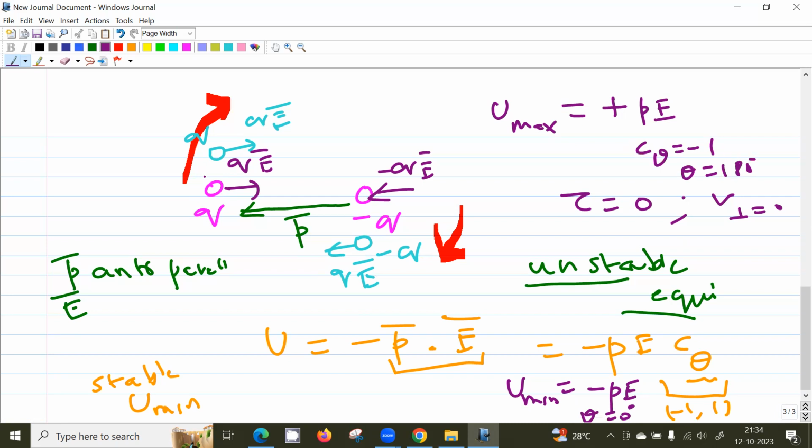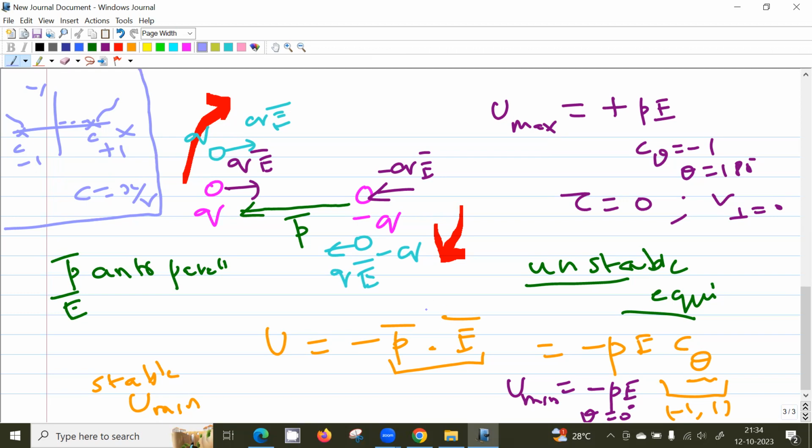On the x-axis, y-axis, 0 degrees corresponds to this point, where cos is plus 1. And 180 degrees is this point, so cos is minus 1 here, because cos is defined as x by r. At this point x is r, at this point x is minus r, where r is this distance. This is the basic of cos.